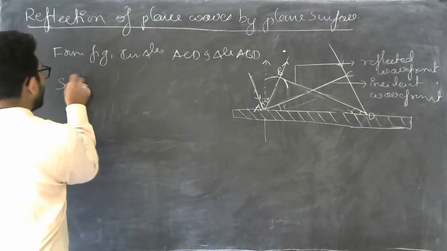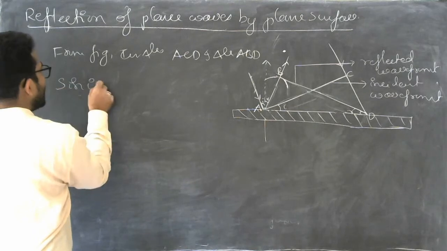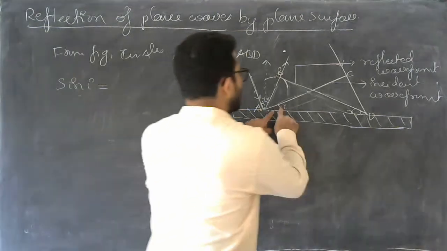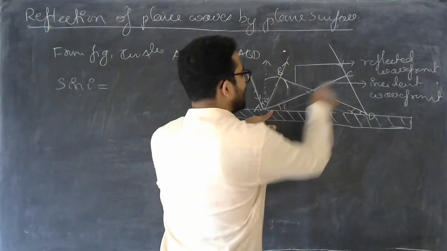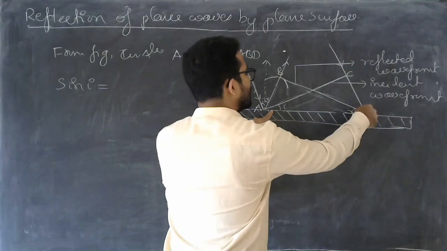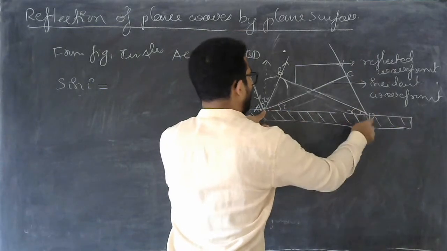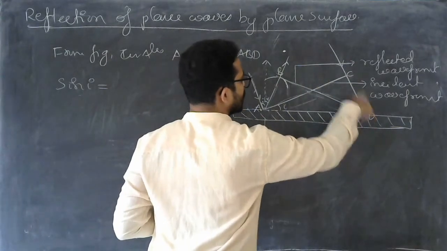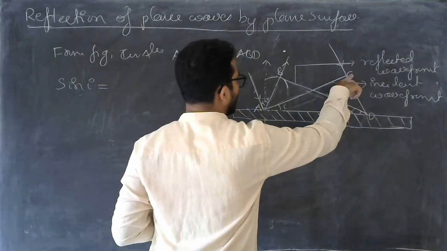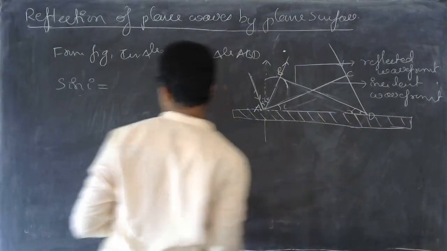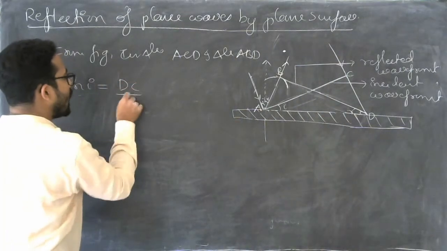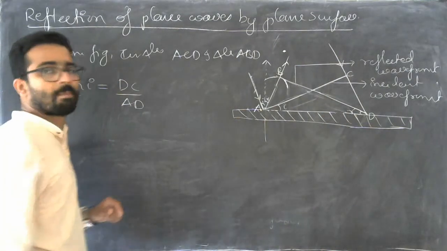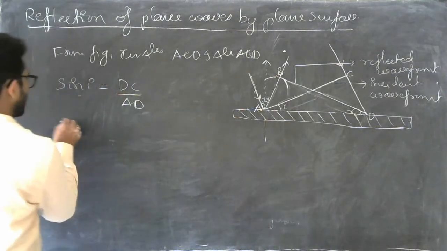Let us take the sine of the angles. Sine i is equal to the opposite side DC over the hypotenuse AD. So sine i is equal to DC by AD. This is one equation.